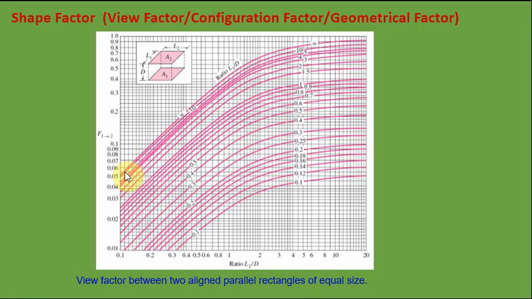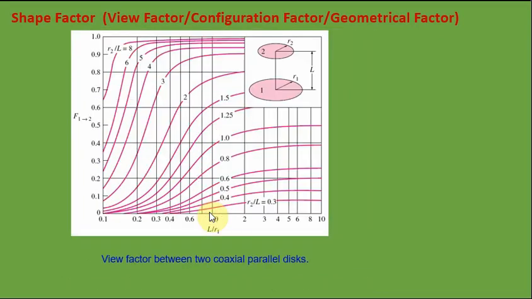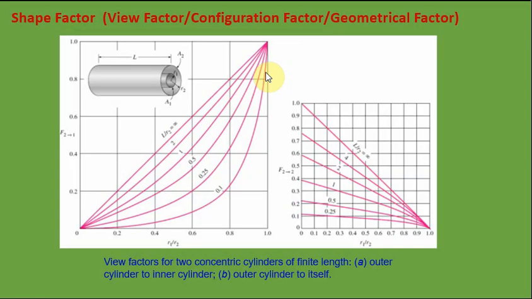Similarly, if the surfaces are perpendicular, we can use this chart, and if the surfaces are coaxial disks of different area, we can use this chart. And finally, the view factor for two concentric cylinders of finite length is this one, outer cylinder to inner cylinder, and this one is outer cylinder to itself.